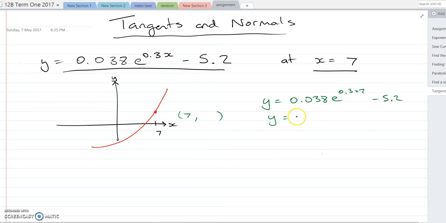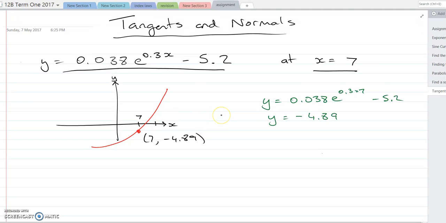So y equals negative 4.89. My graph is not quite to scale because my point is actually down below, so maybe I'll just fix that here. Actually down here is my 7. Okay, so I've got 7 comma negative 4.89.